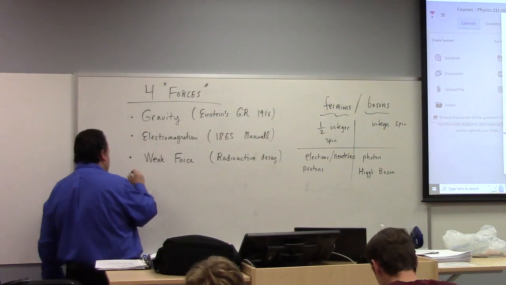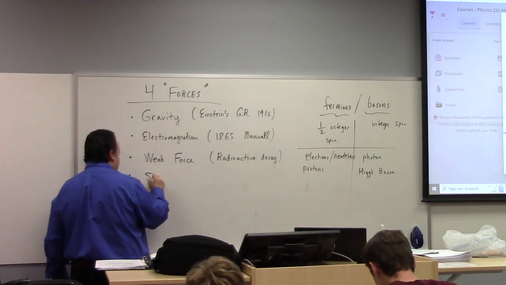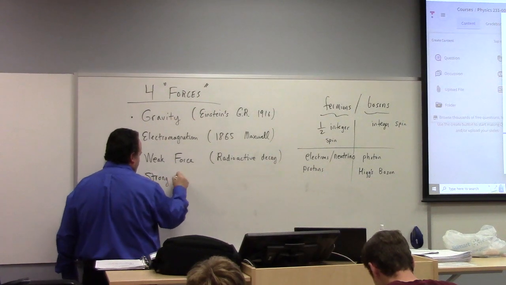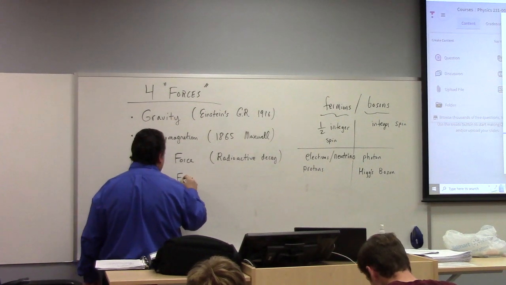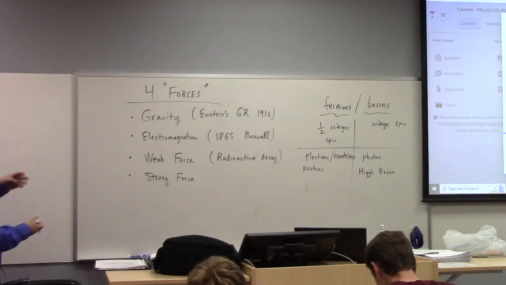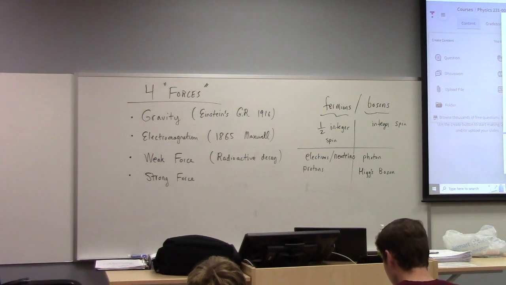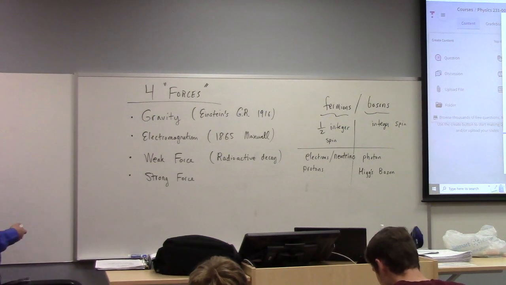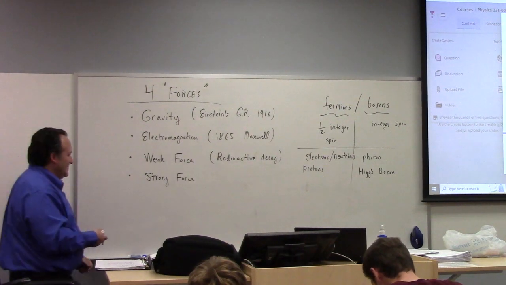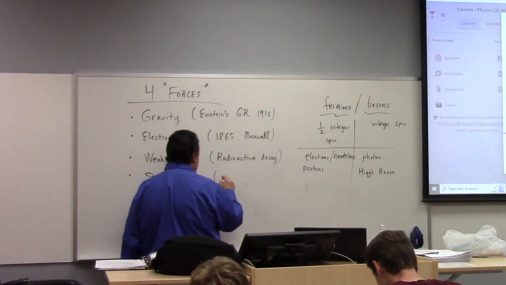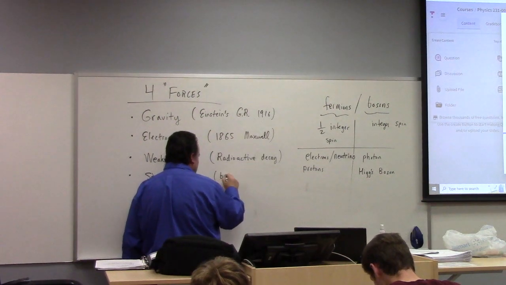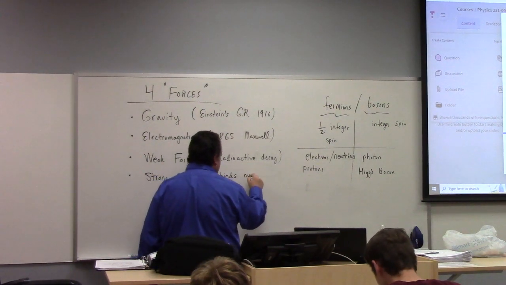And then there's the other thing, which is the so-called strong force. What's that? When you just look at it like this, they're really dumb names, aren't they? It's the weak force. It's the strong. Can you come up with better names? I don't know. But this is the one that binds nucleons together.